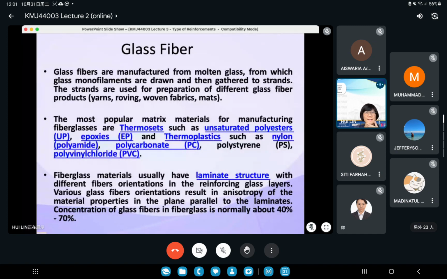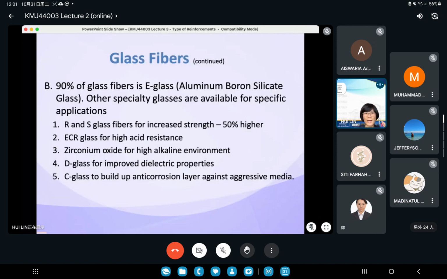We can use different types of polymers and add glass fiber into them, regardless of thermoset, thermoplastic, as well as elastomer. All we can do. And you will learn the laminate structure sandwich with Dr. Aslin. So I will stop here.